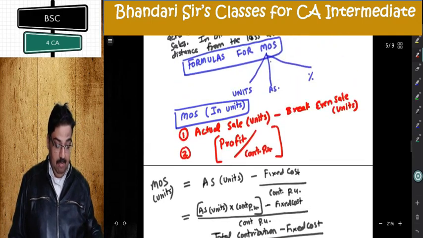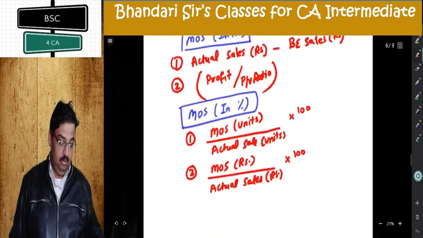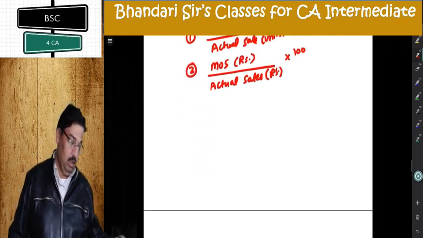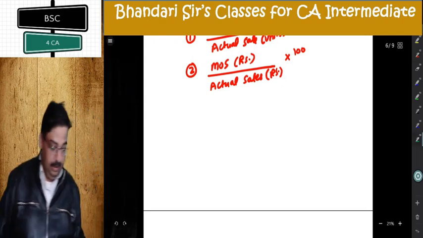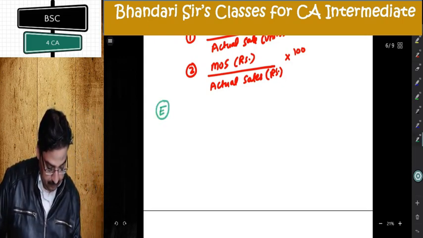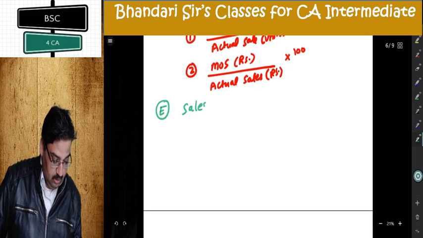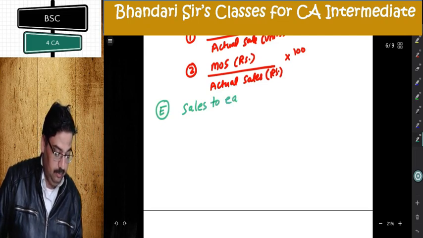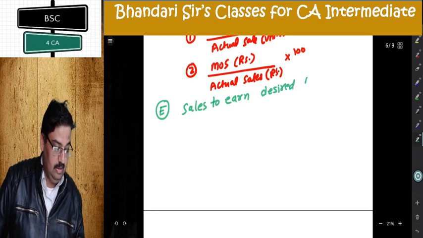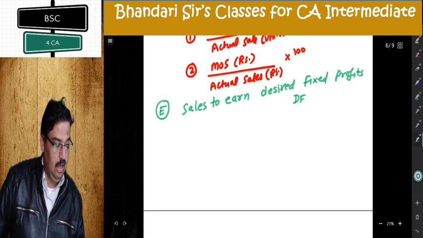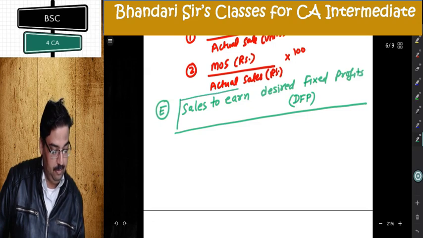So I have done A, B, C, D, E point. Few concepts remaining, that is what I am trying to complete. Sales to earn desired fixed profits. I call it DFP, desired fixed profit.